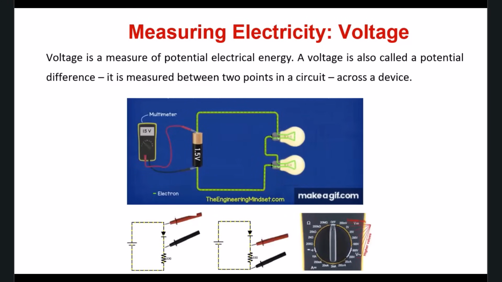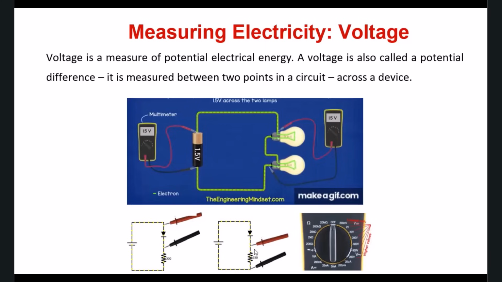Now you can see the diagram at the bottom. This diagram explains how we can measure the voltage. There are two components available in the diagram. In the first diagram, we have connected the voltmeter to the diode, and in the second diagram, we have connected the voltmeter to the resistance.